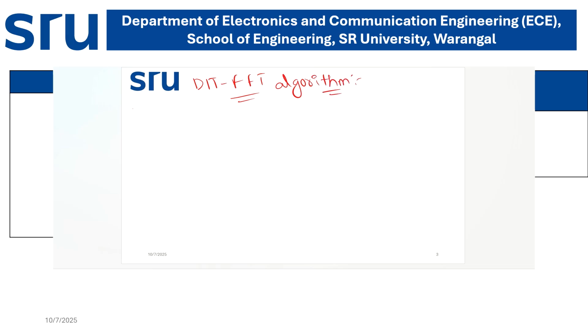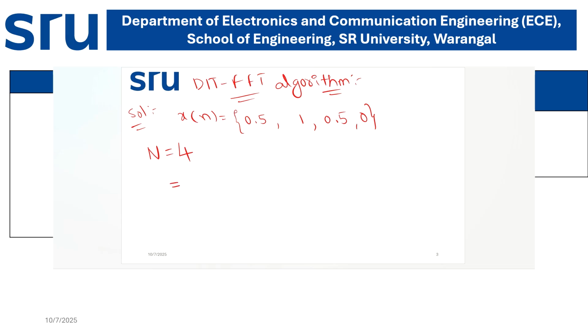Now the given sequence solution. The given sequence is x of n, that is 0.5, 1, 0.5 and 0. So let us consider how many samples we have: 4, n is equal to 4.